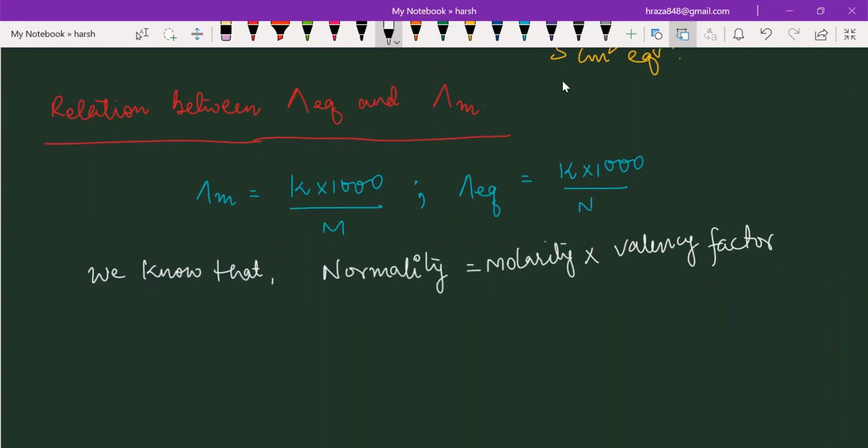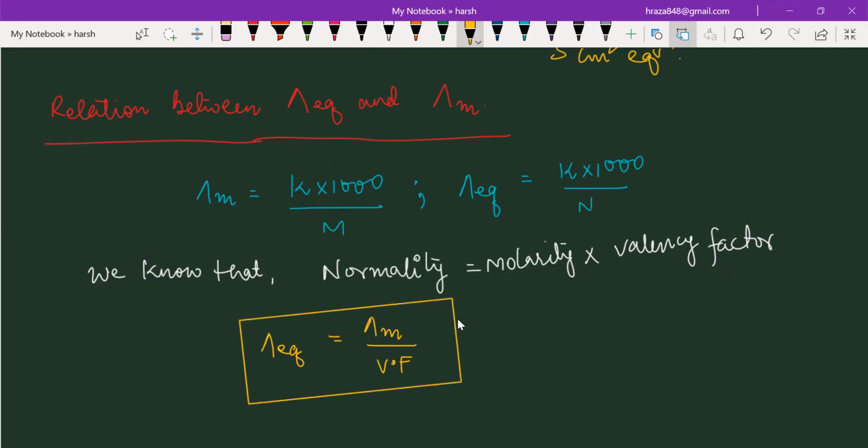So after putting the value, lambda eq equals lambda m upon valence factor. Whenever you need to change from one to another, you will need this relation. In the solution chapter, the first chapter we studied, I showed you how to calculate valence factor for acid, base, and salt. Please write it.